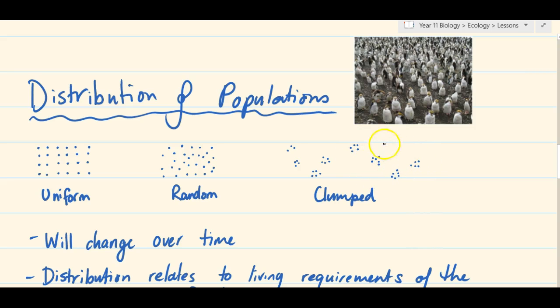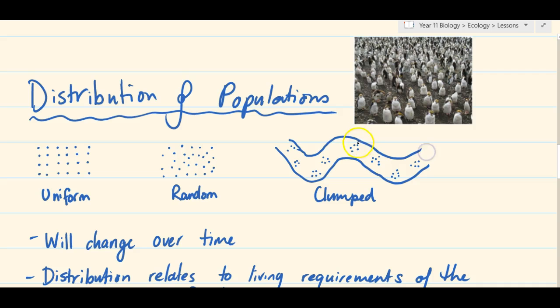Now, usually these distributions, number one, they'll change over time, and number two, they'll often be affected by the living requirements of those animals. So for instance here, if you actually had an overlay map to see what's happening around this clump distribution here, for all you know, there could be, say, a river in this area.